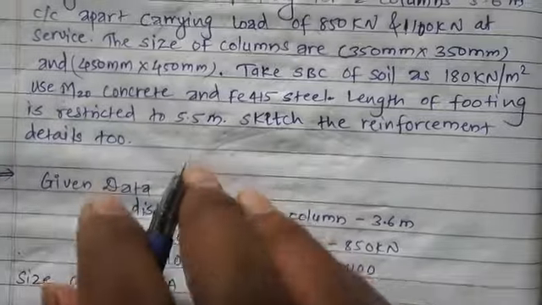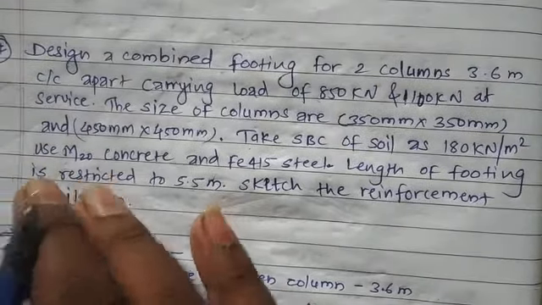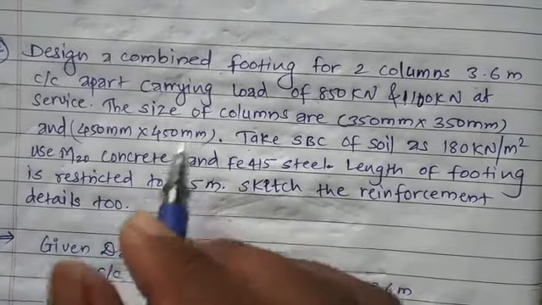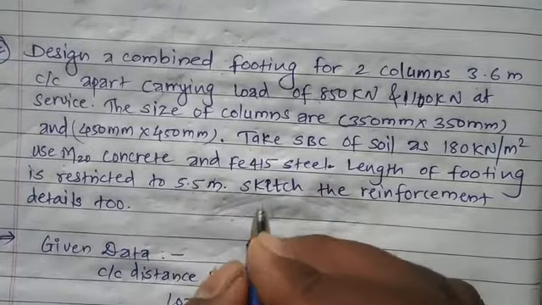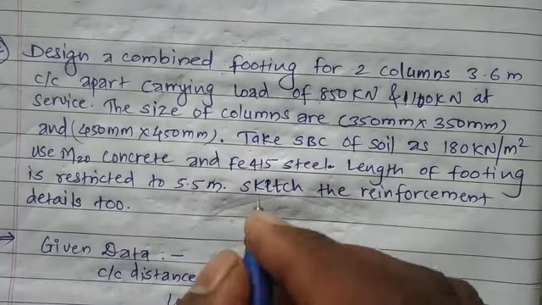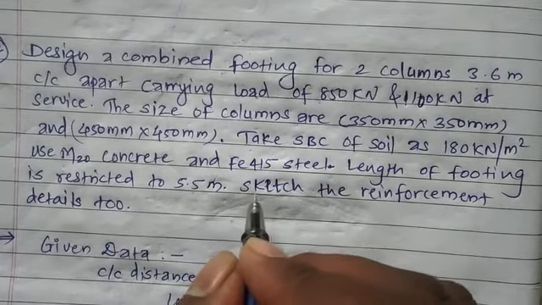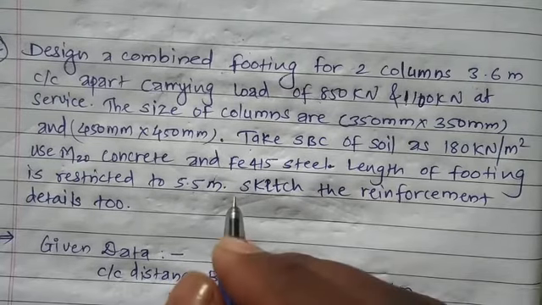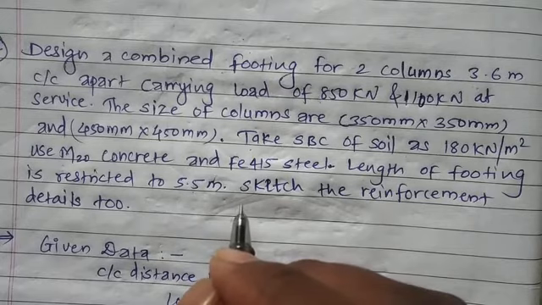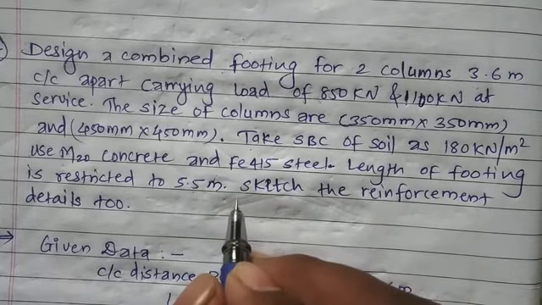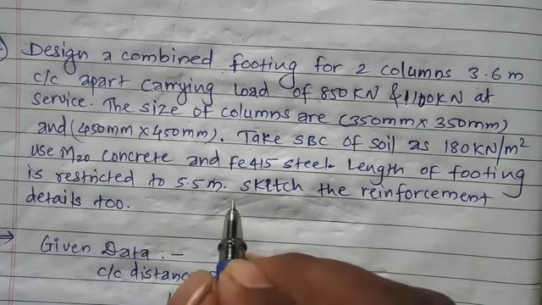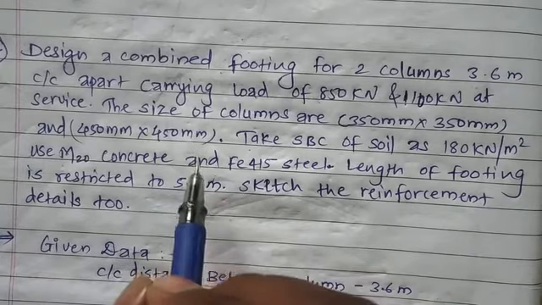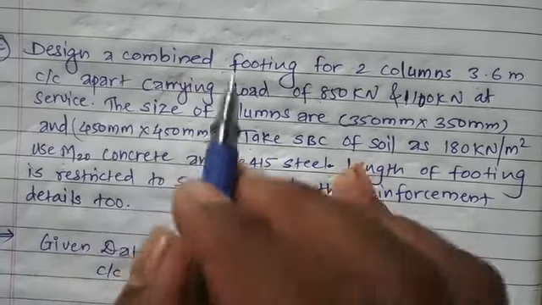Okay, so this is the numerical on combined footing. Now in the previous video we have discussed how to analyze whether the design of this footing should be carried out as per design of rectangular combined footing or as per the trapezoidal combined footing. So let's see what type of footing can be used here.